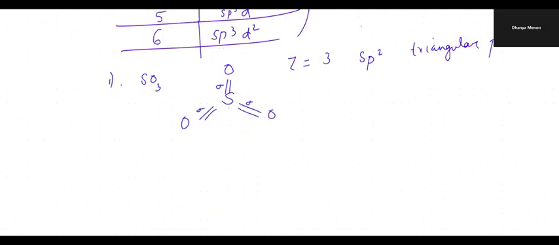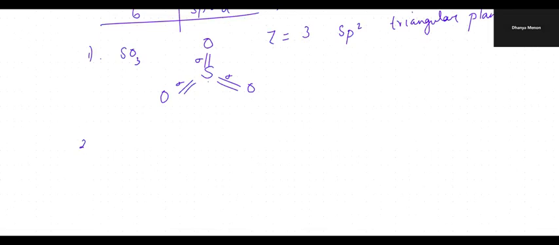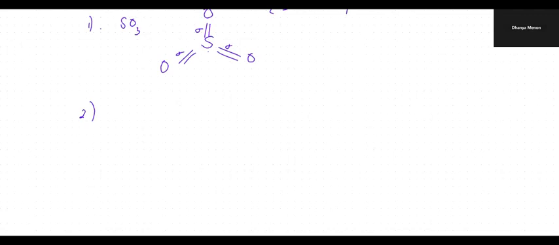Coming to the second one, water. Suppose this geometry of water is given to you. There's a lone pair here, and a lone pair here. So let's calculate Z. This is 1 sigma bond, there are 2 sigma bonds, plus how many lone pairs are there?